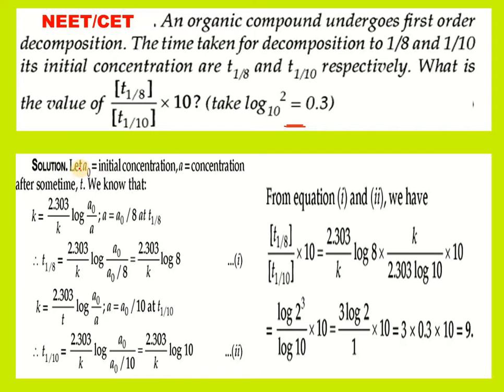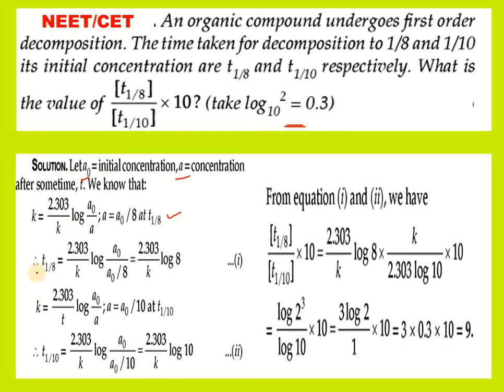See, we have to consider some initial concentration as A naught, the concentration after some time interval as A, and time as T. First order rate constant K is equal to 2.303 by T into log A naught by A. In this expression, A is equal to A naught by 8 at T 1 by 8, for the decomposition reaction.